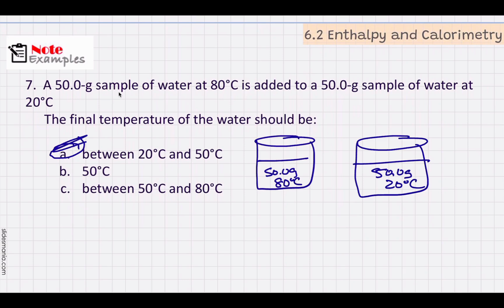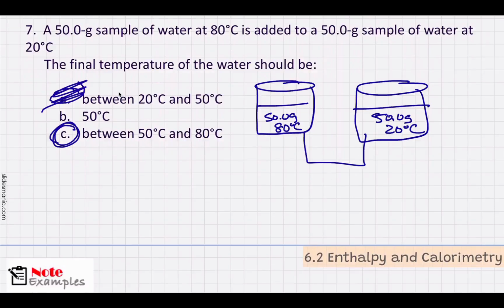I'm on the wrong question as I'm looking. So we have equal masses of water. So this is one where we don't need to do that weighted average. We just know that the temperature is going to end up somewhere between these, probably about equal. So the temperature is going to be somewhere between 50 and 80. We'll leave it at that.